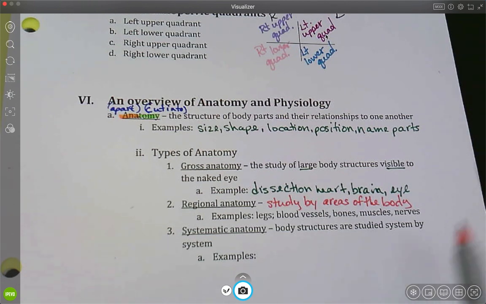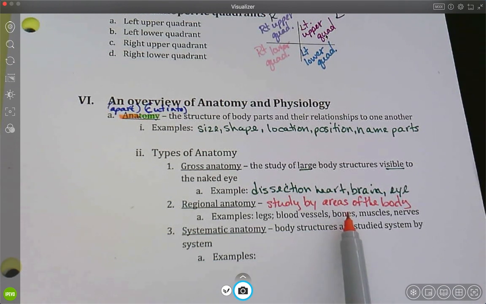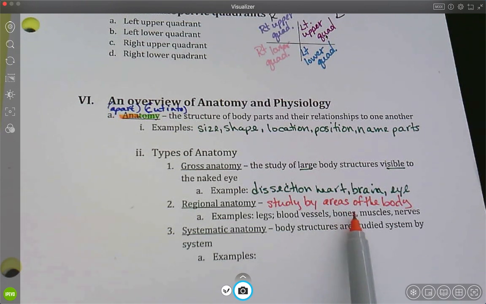We don't do that, but what we do is when we get to the bones, I will give you a list of the bones that are found in the arm. I will give you a list of the bones found in the skull, a list of the bones found in the arm, and we'll learn them in chunks. We don't do all of the systems together, but we do one system in chunks like this.